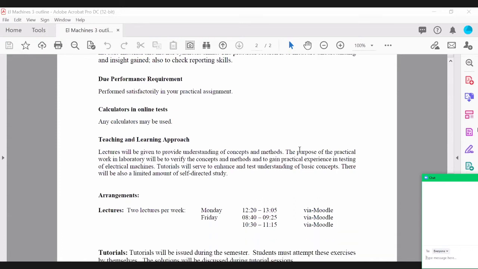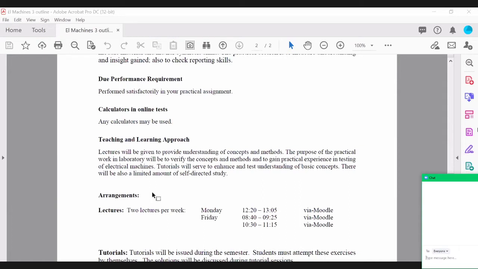So in terms of the teaching and learning approach, we will meet via Moodle, basically as per this arrangement. We will meet on Mondays between 12:20 and 1:05.